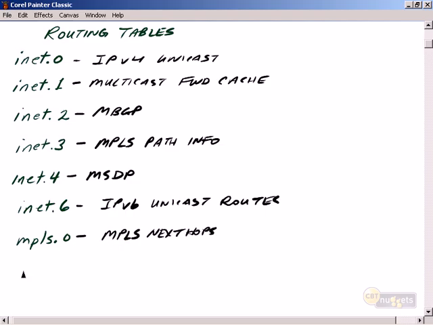And there are others. For example, there's iso.0, which is the IS-IS routing table.